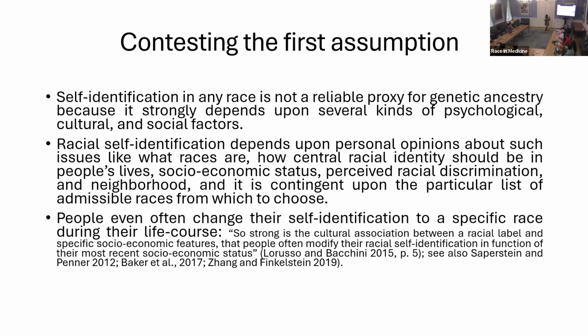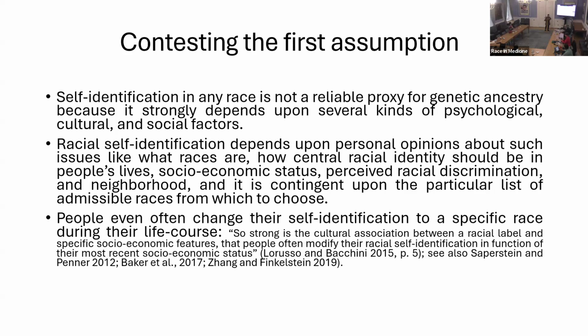Contesting the first assumption, we may say that self-identification in any race is not a reliable proxy for genetic ancestry because it strongly depends upon several kinds of psychological, cultural, socioeconomic factors, and also upon personal opinions about what race is, how central racial identity should be in people's lives, socioeconomic status, perceived racial discrimination, neighborhood, and so on.